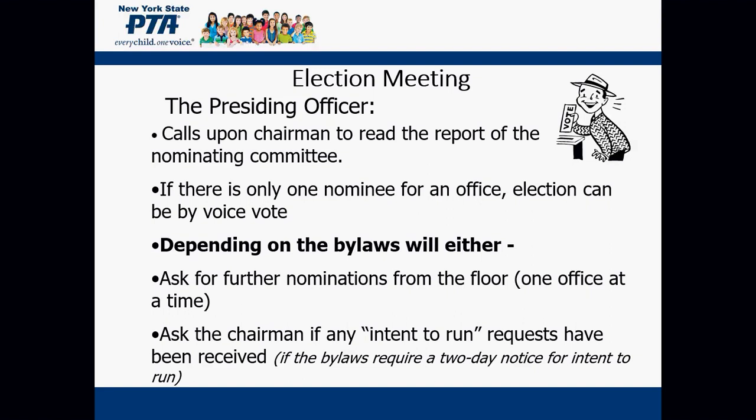In that case, you would have to go to a ballot vote, and we'll go on to that in a minute. If your bylaws do call for notice, the president will ask the chairman, have you been notified of any intent to run requests from any of the members? And the chairman will say, no, I have none for the office of president. And then you proceed with the voice vote.